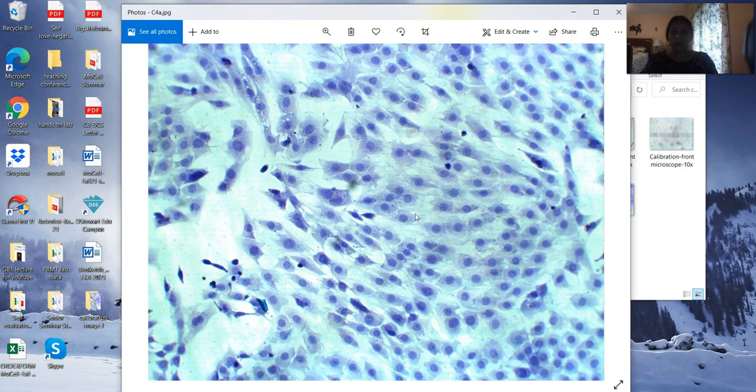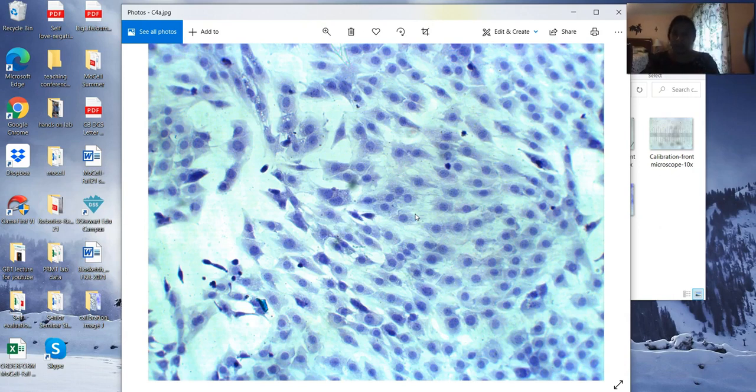So you want to take the image of your stage micrometer using the exact same microscope that you're using to get your images for analysis, and using the same objective lens.